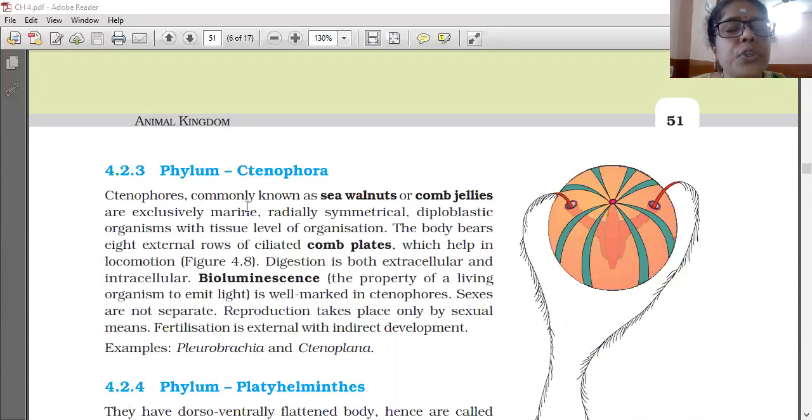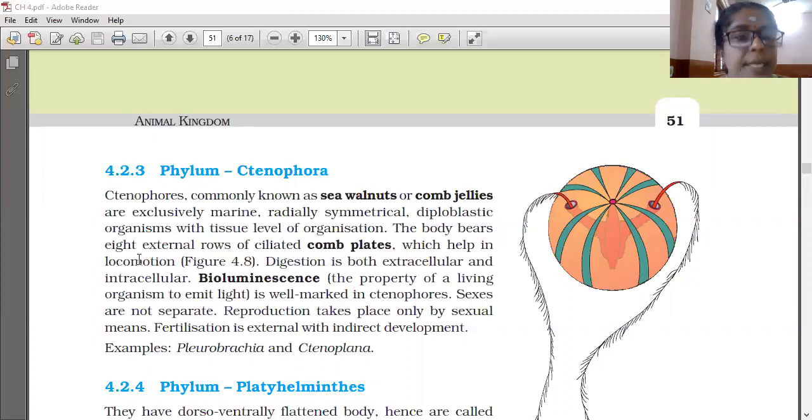So Ctenophores, commonly known as sea walnuts or comb jellies, are exclusively marine, radially symmetrical, diploblastic organisms with the tissue level of organization. These look like a comb, so they are called comb jellies.